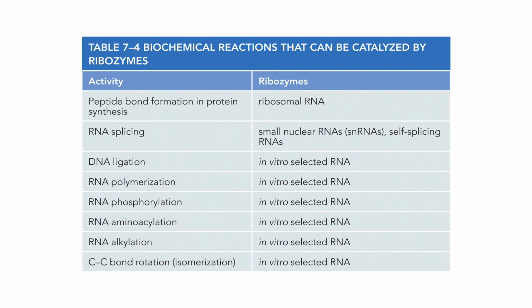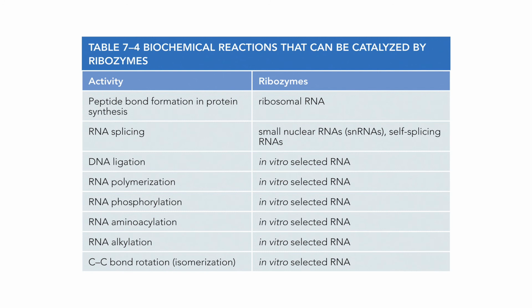Then I mentioned splicing, that there are small nuclear RNAs that are involved in splicing and self-splicing, so this is very important. And then all you have below, what it says in vitro selected, means that these activities, the DNA ligation, RNA polymerization, RNA phosphorylation, and all these other activities, have not been seen in cells, but they've been generated in the lab, meaning a specific RNA sequence has been constructed to carry out DNA ligation.